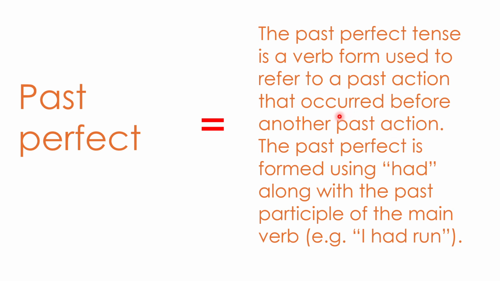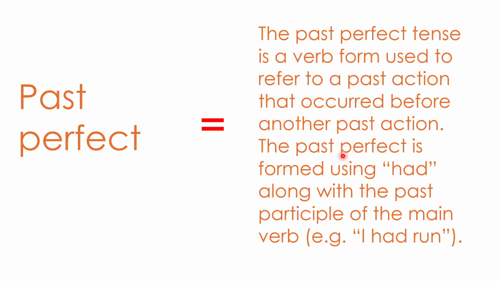So, occurred means happened. If you don't know what occurred means, it's fine. It means happened. So, refer to a past action that happened before another past action. The past perfect is formed using had along with the past participle of the main verb. For example, I had run.